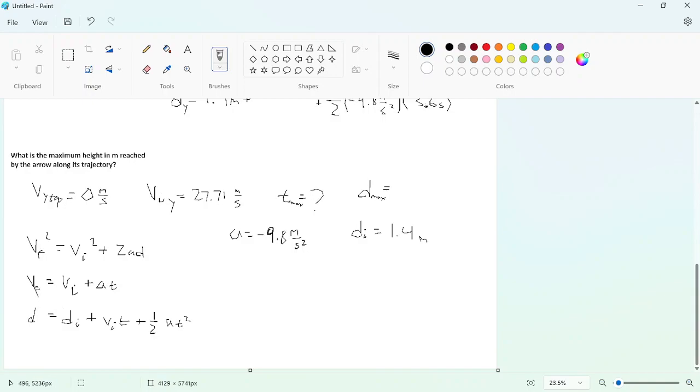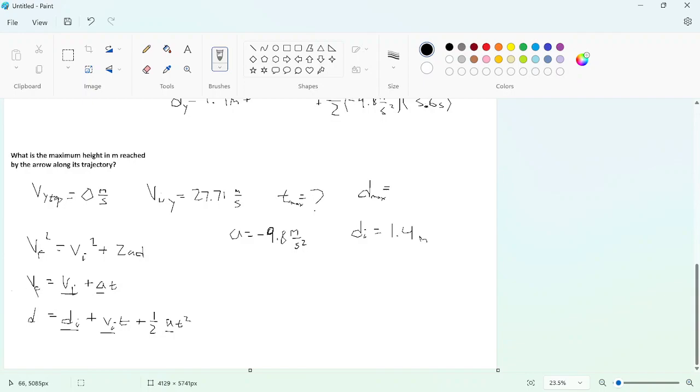So which one of these formulas can we use? Let's start from the bottom. Do we have the distance at its very top? No. Do we have its initial distance? Yes. Do we have its initial velocity? Yes. Do we have the time? No. Do we have the acceleration? Yes.